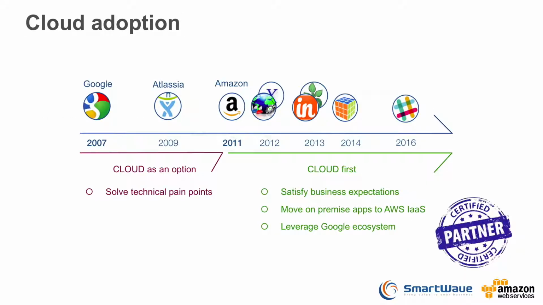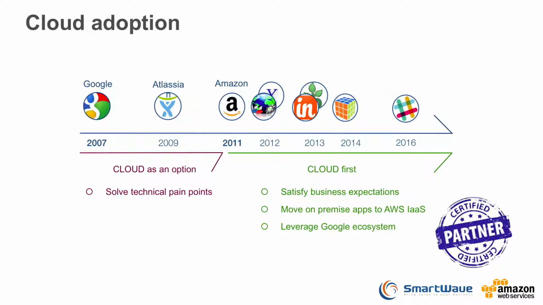These key expectations led us, since 2011, to adopt more cloud solutions. Before 2011, we were only using some cloud solutions like Atlassian and Google to solve technical pain points.